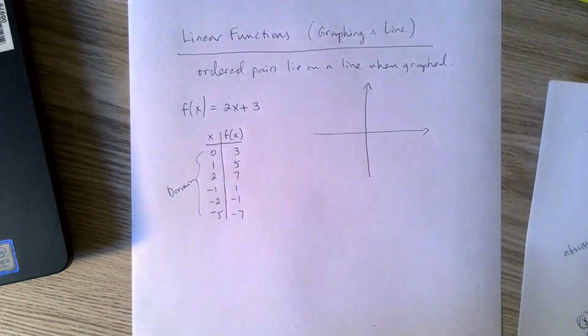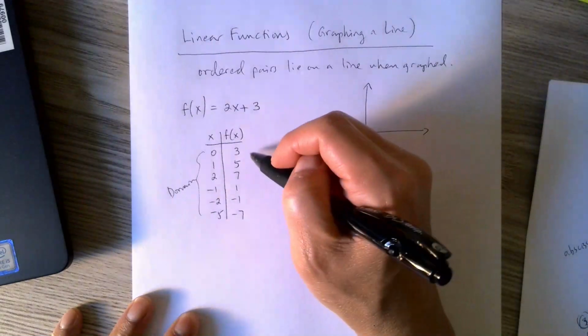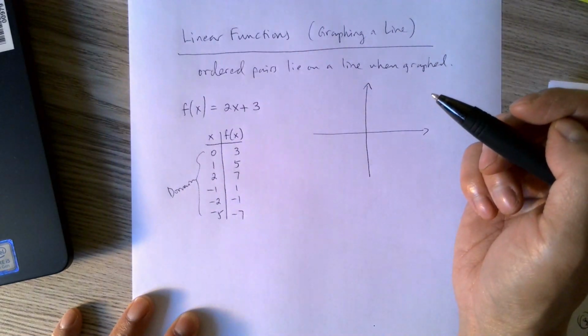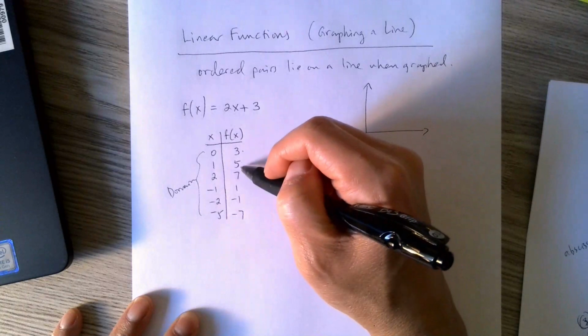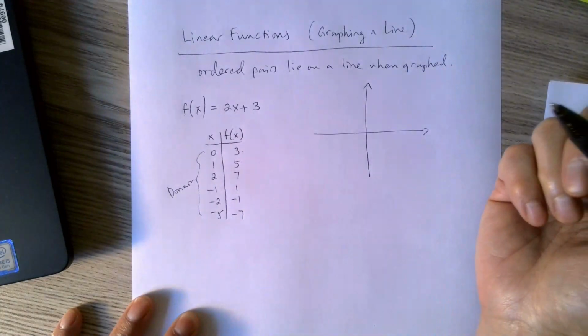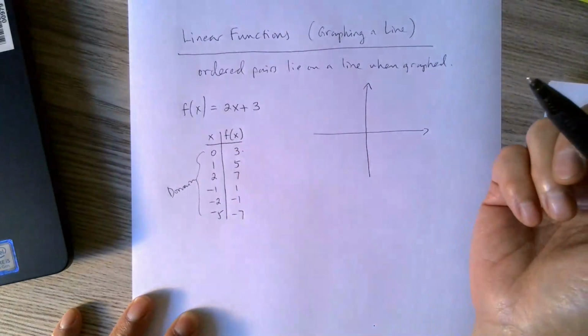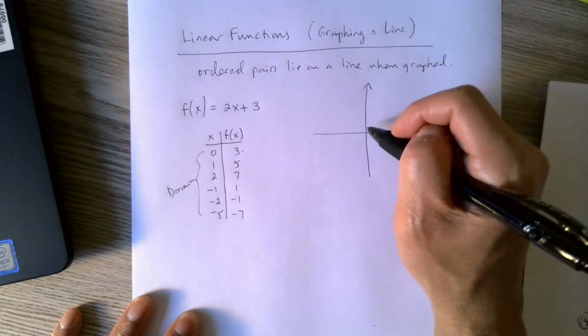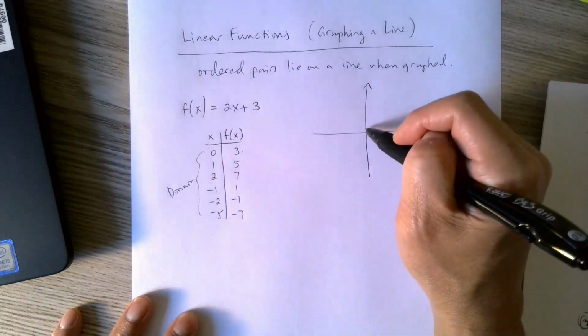Okay, I did these ahead of time. So I have a variety of abscissas and a variety of domain values, and I'm going to plot all of them.